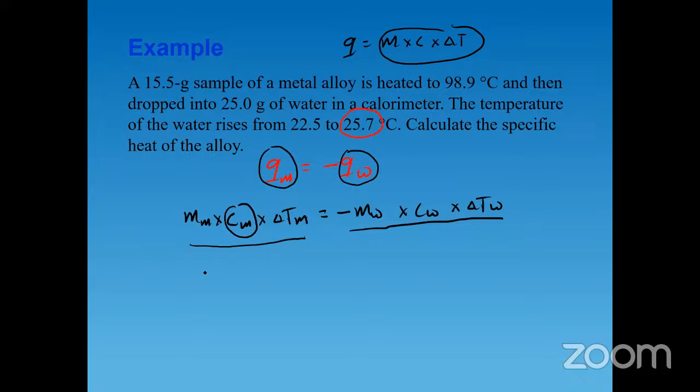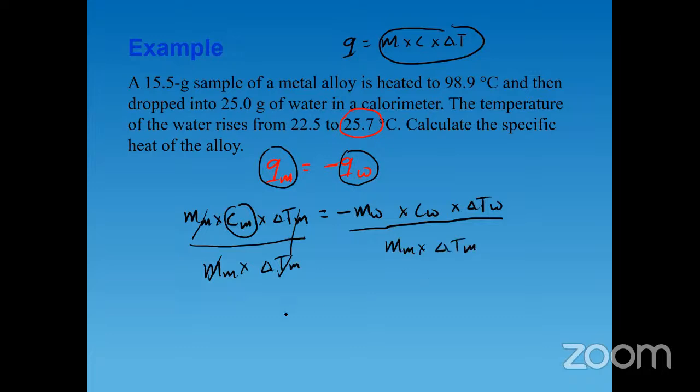The mass of the metal and the change in temperature of the metal, right? Because that will cancel with that, and we have to divide this side by the same thing. Mass of the metal times the change in temperature of the metal, right?